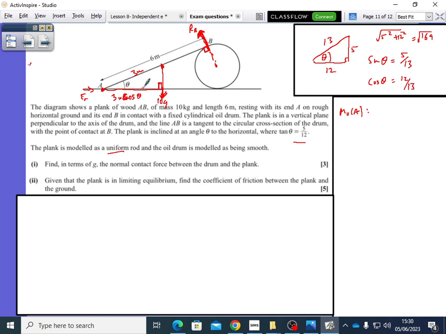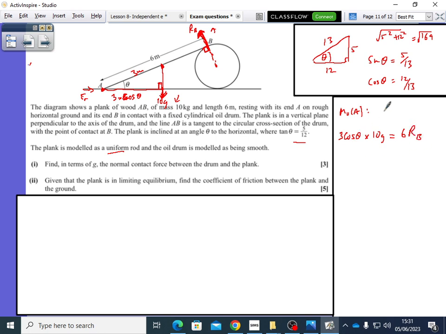Okay, hypotenuse times cos theta. So that's the adjacent, that's the opposite. So we've got 3 cos theta times 10g. So that's forces going clockwise and anticlockwise. We've got 6, that's the length, the distance is 6, which is perpendicular to this force pushing up, so that will be 6 times R at B.